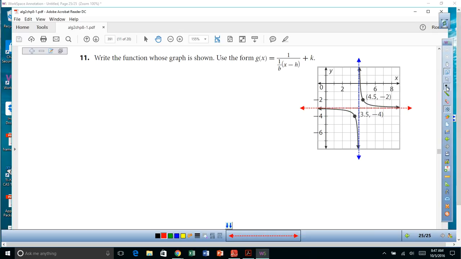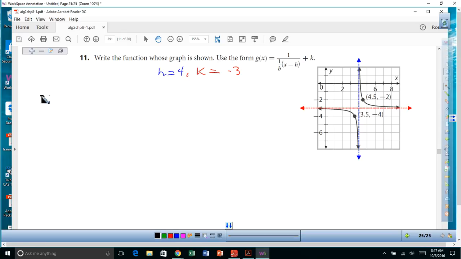Good. So let's see. We've got 2, 3, 4. So h equals 4, and then k equals negative 3.